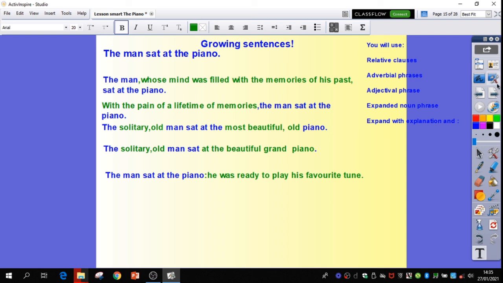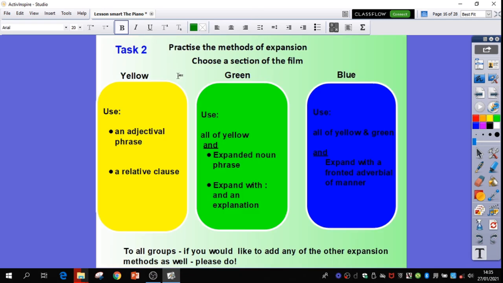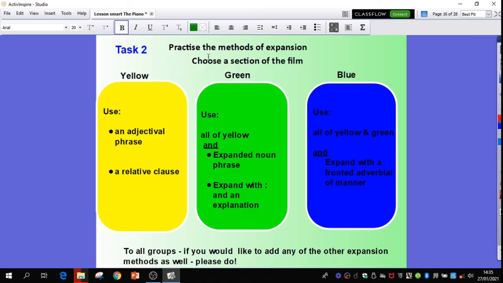So what I'd like you to do now, Year 6, is to look at the task that I have for you to do. Now you know which group you're in. You're going to practice these methods of expansion for yourself. So I want you to choose a section of the film. Remember, you made notes of each of the sections very early on in the lesson. Yellow group, I want you to write two sentences, one that has an adjectival phrase in it and one that has a relative clause in it.